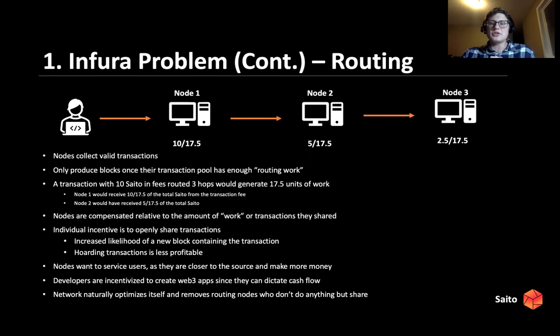I could have just received the transaction from node 1 directly, and I would have made more money, because node 3 would actually be in node 2's scenario in that case, and they would be getting 5 points instead of 2.5, because they would have missed one of the halvings, right? So because this network is naturally incentivized to optimize itself over time, you could see an increase in speed too, which I think is really interesting.